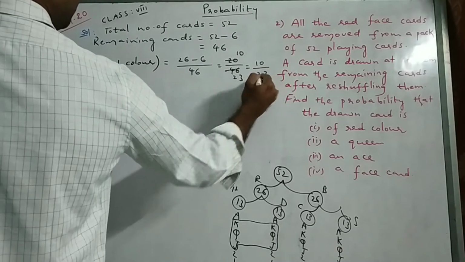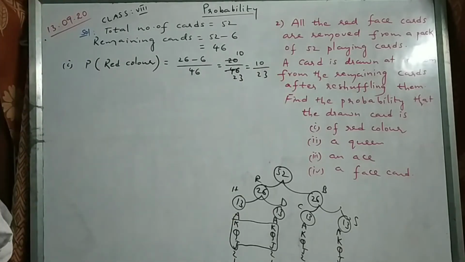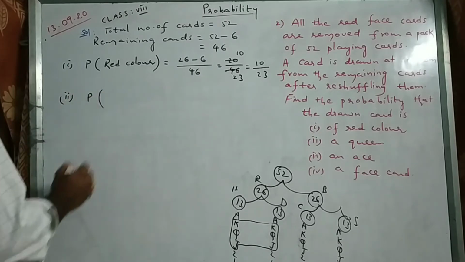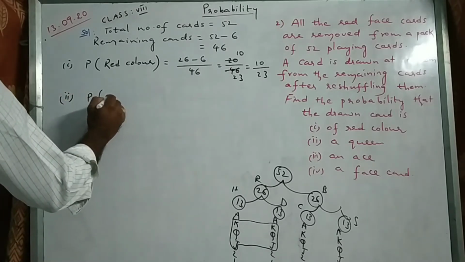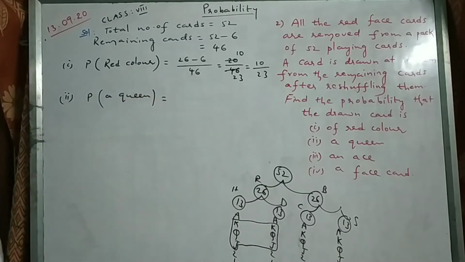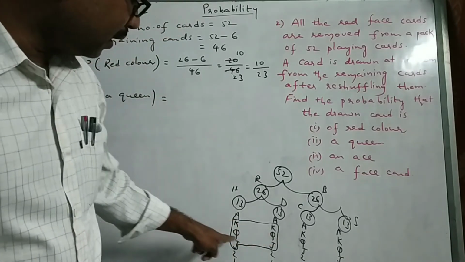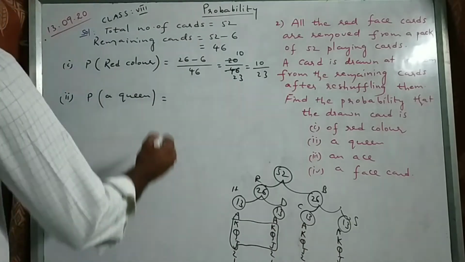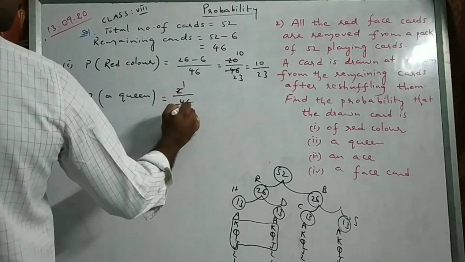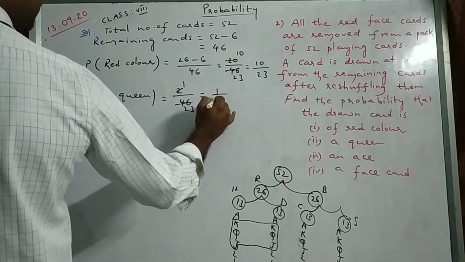So 10 upon 23. Next, second question. Probability of getting a queen. How many queens are there now? Here already 2 queens are gone. So only 2 queens we have. 2 queens by 46. So 1 by 23.